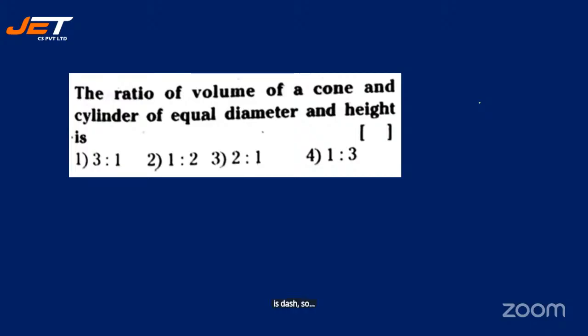So I'm sure you can try this. Just quickly try this and give me the answer, students. The ratio of volume of a cone and cylinder of equal diameter and height. Let's see how many of you are able to give me the answers. Yes, here we go. The answer is 1:3.